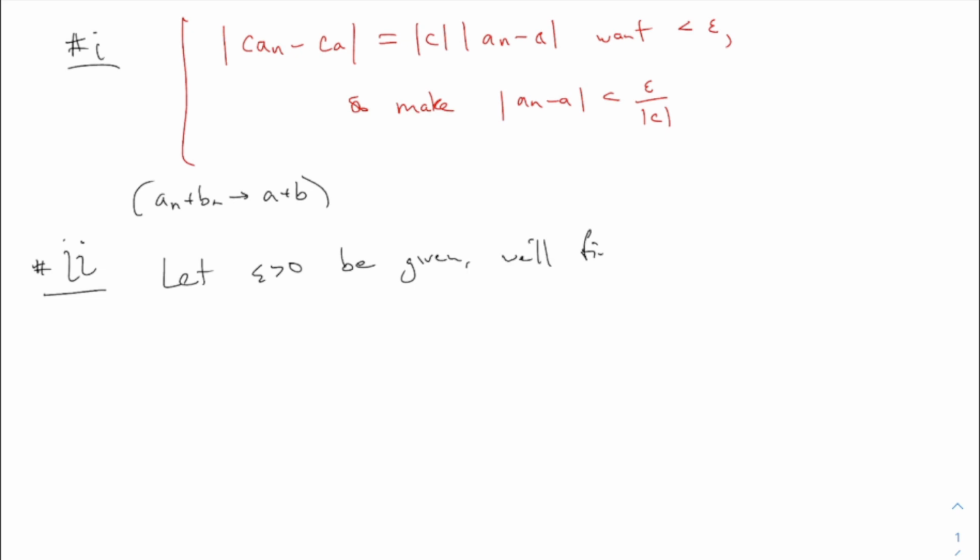We'll find a big N such that n greater than big N implies, all right. What should I write here? That's not a 0, I was starting to write a. Absolute value, what goes in the absolute values here?